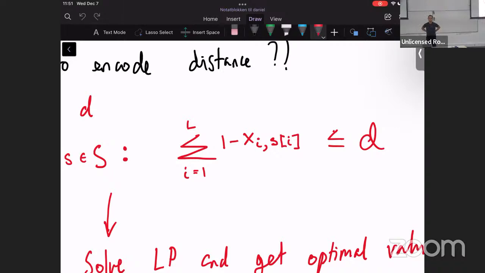More questions? Yes. Well, it will be a factor 2 approximation. It's not arbitrarily bad, but not the 1 plus epsilon.